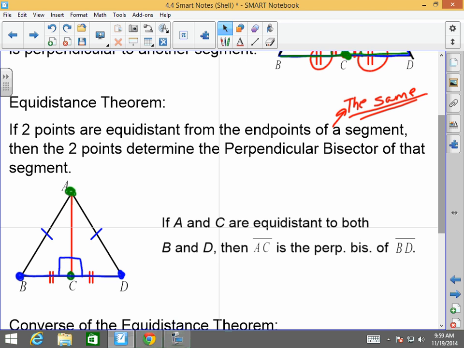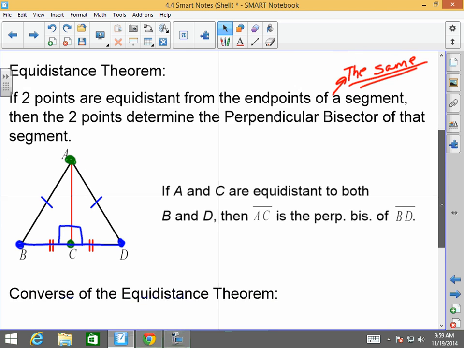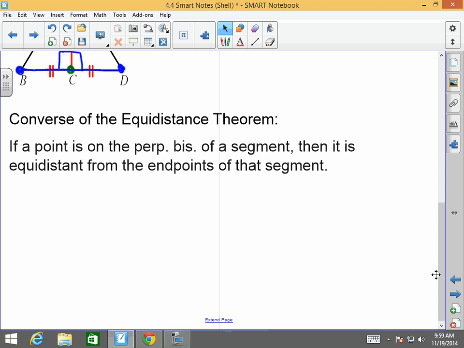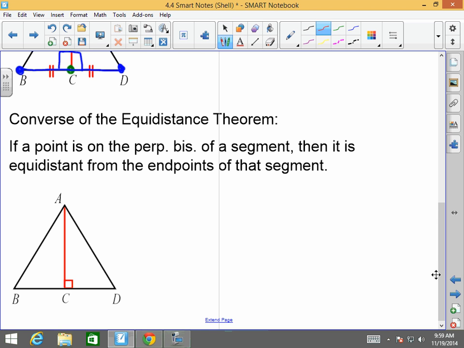Now, let's look at the converse of the equidistance theorem. If a point is on the perpendicular bisector of a segment, then it is equidistant from the endpoints of that segment. What am I saying? I tell you right from the beginning, AC is the perpendicular bisector of BD.